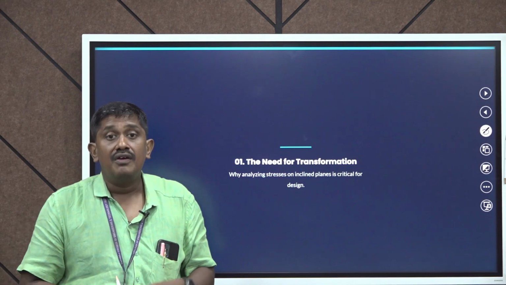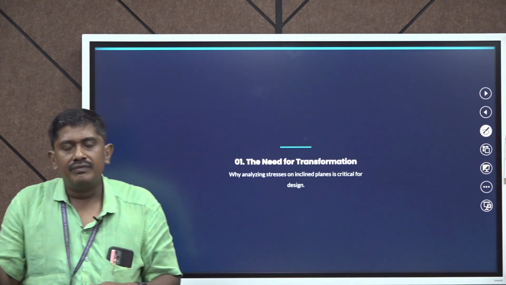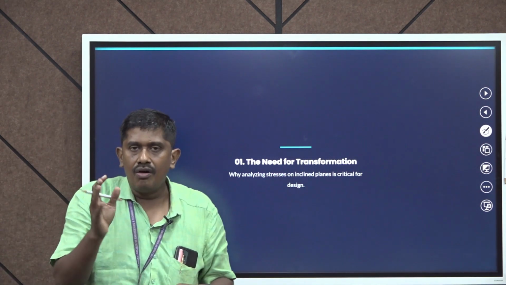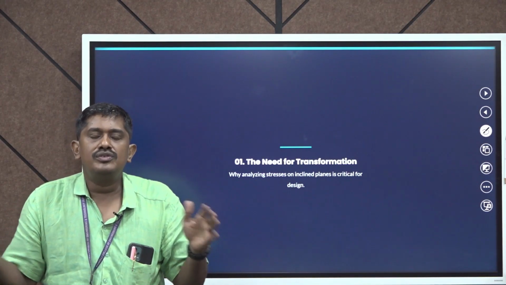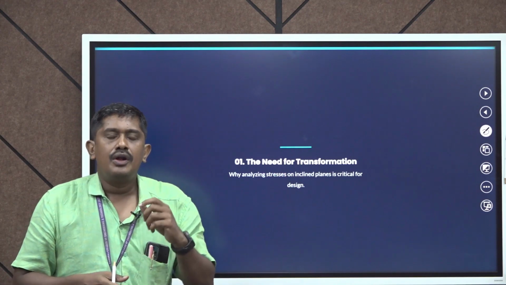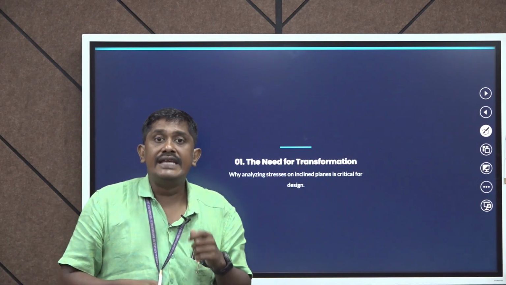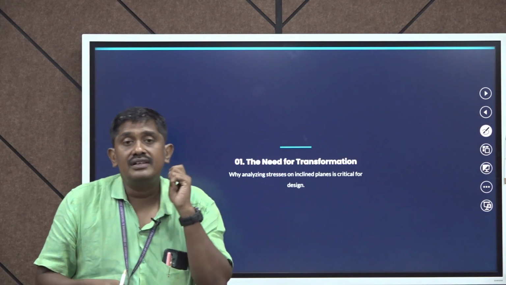In this case, we should separate them using some standard methods to calculate the exact stress level that is created.